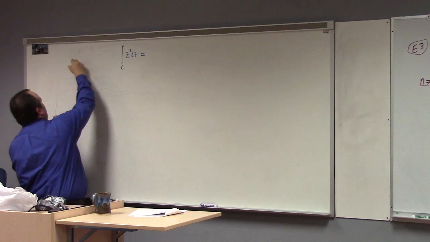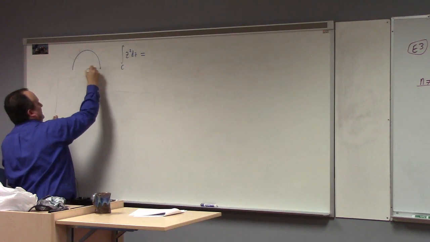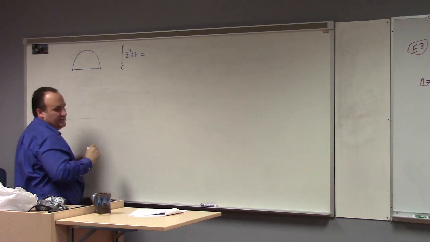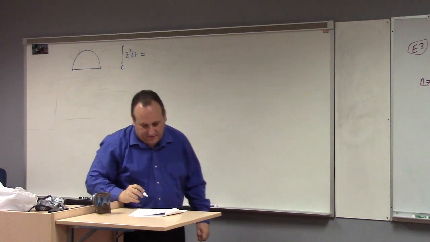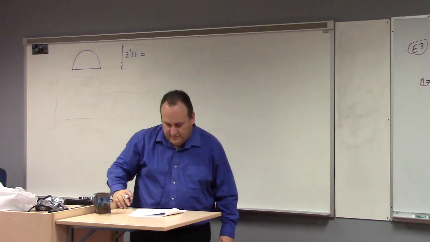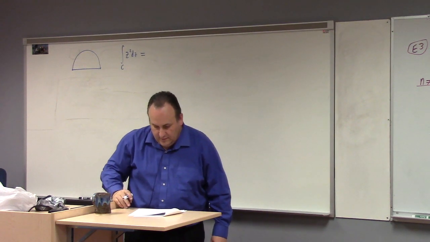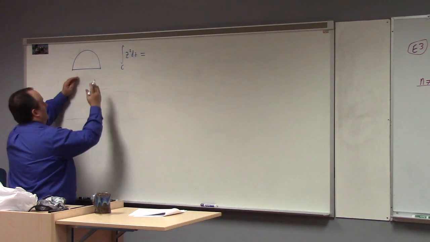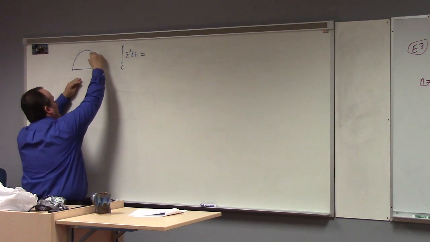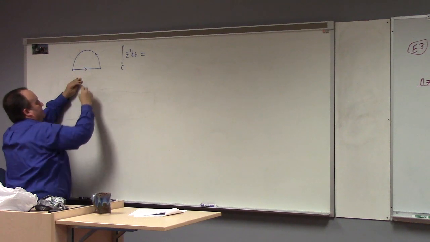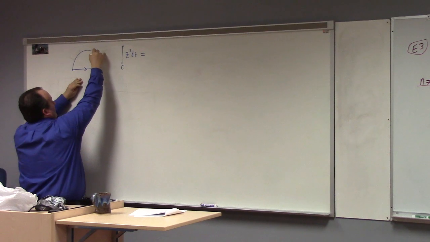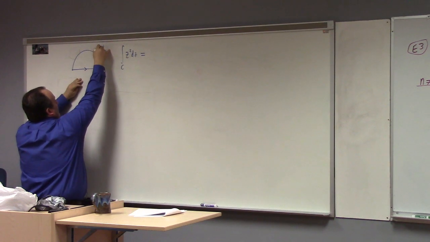Make sure I get the orientation right: line integrals are oriented integrals, and so are complex integrals. So we're going to say the counterclockwise orientation of the upper half disk. So it goes this way and that way. I'm going to call the upper half circle here C_R^+.